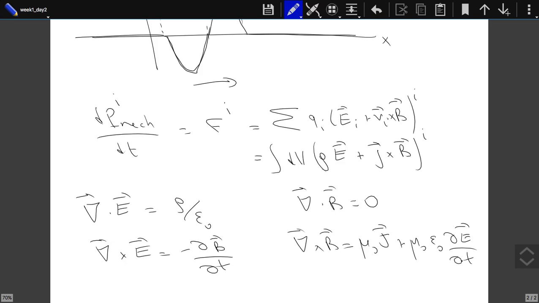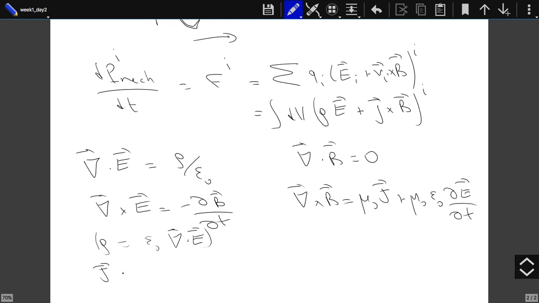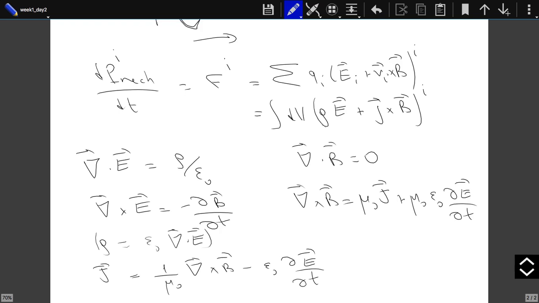So we can solve for rho. Rho is equal to epsilon 0 times the divergence of E. And J is equal to 1 over mu 0 curl of B minus epsilon 0 dE by dt. So I will just replace these in my equations over there.